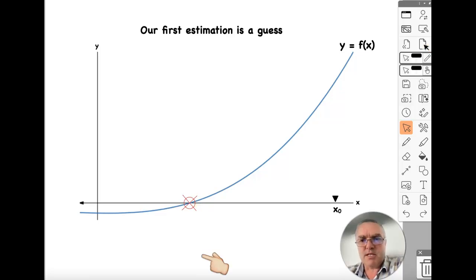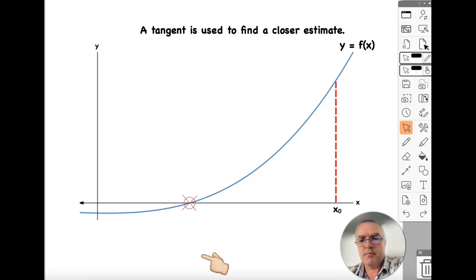Newton's method starts with a pure guess, so we guess what the root might be. And then a tangent is used to find a closer estimate, and this is how we do that. We take the value of x that we have guessed, and we draw a tangent from the curve, and that tangent goes down and intersects the x-axis.